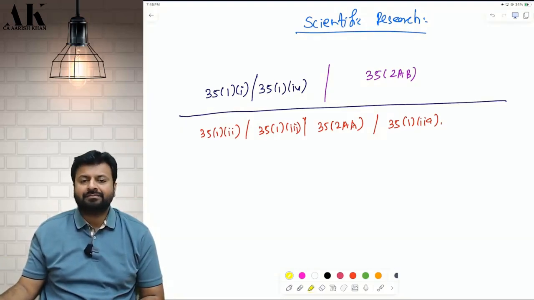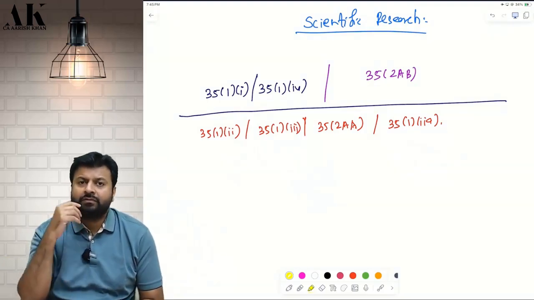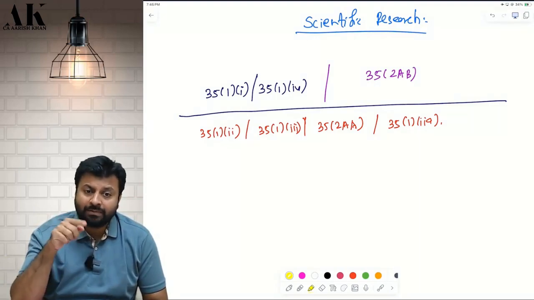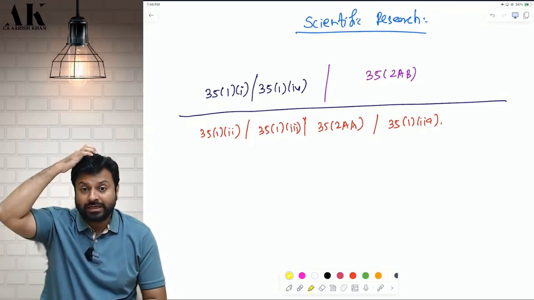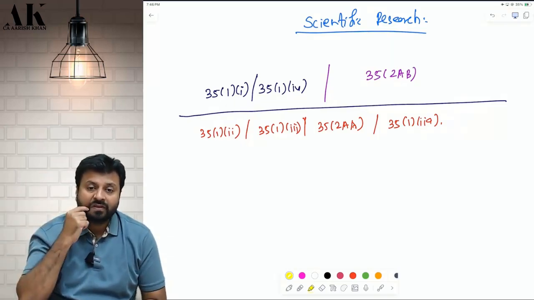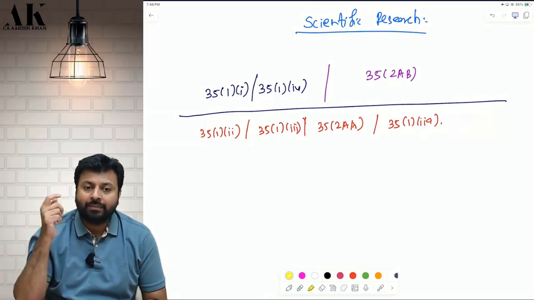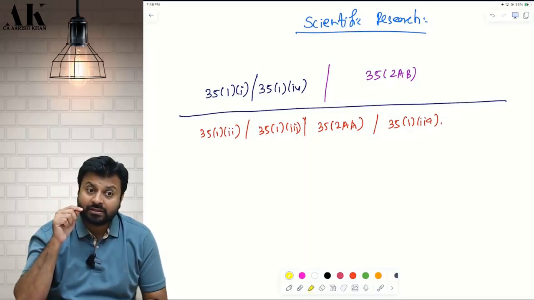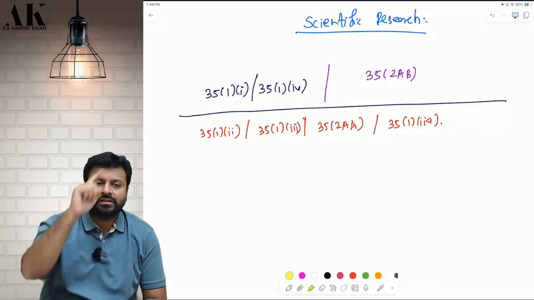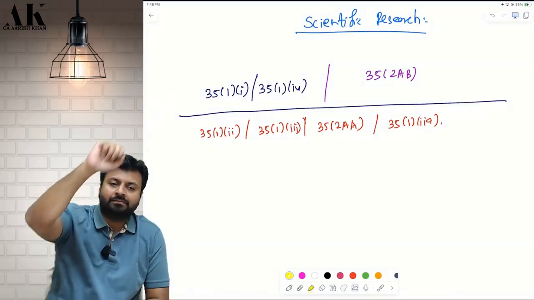For example, suppose I am Infosys or Tata Motors, doing scientific research. Suppose I am Cipla, making medicine, so I am doing scientific research to develop a drug. So these 3 sections above are relevant for me.